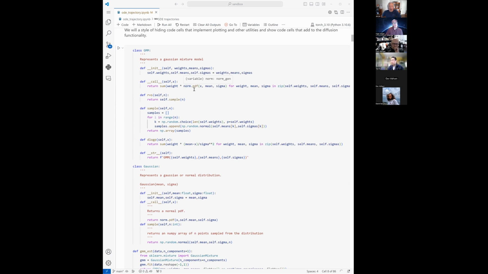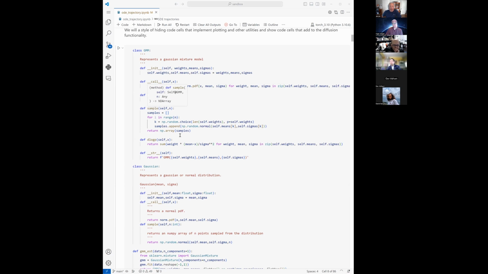I take the normal PDF and sample it at X for a given mean and sigma, and then sum all those up for all the elements in the mixture, the GMM. RVs is just another API to the same call.